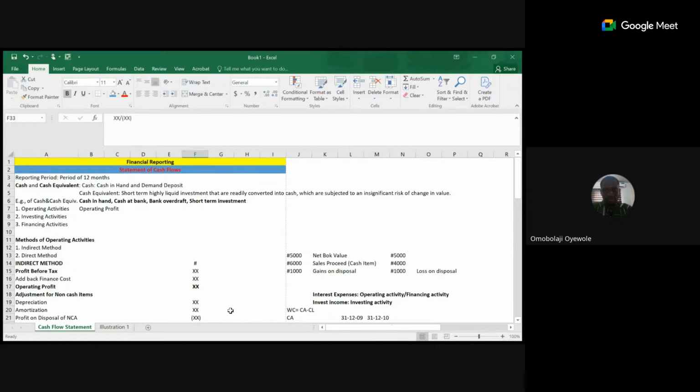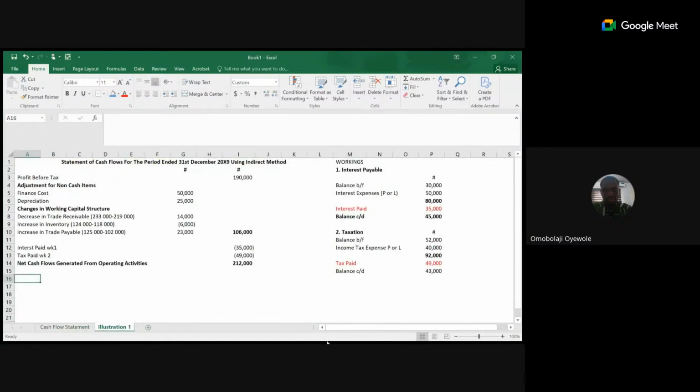Is there anything in the illustration that we are confused about, that we need more clarity on? Any question?